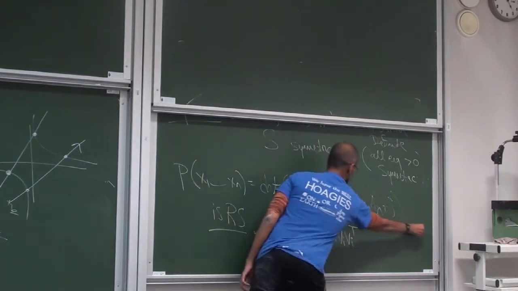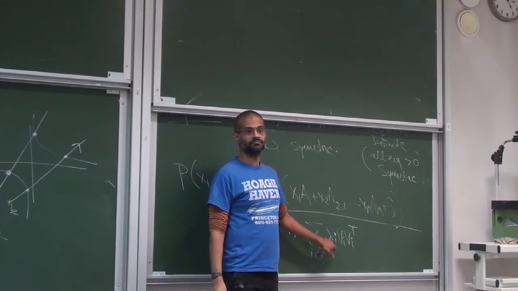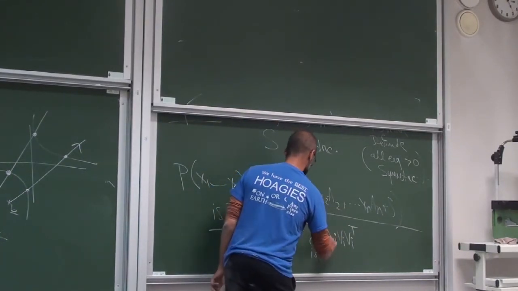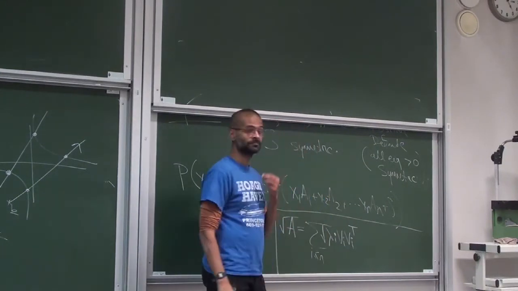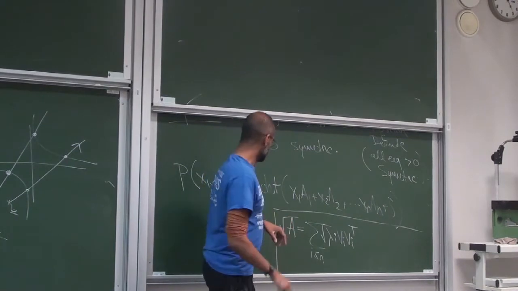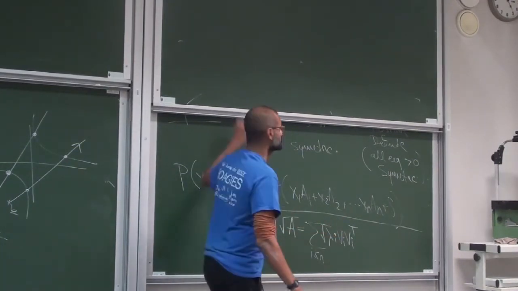Because it's positive definite, all these eigenvalues are strictly positive. So you can define its square root just by taking the square root of the eigenvalues. And it's also invertible because these are strictly positive. That's the fact I'm going to use.